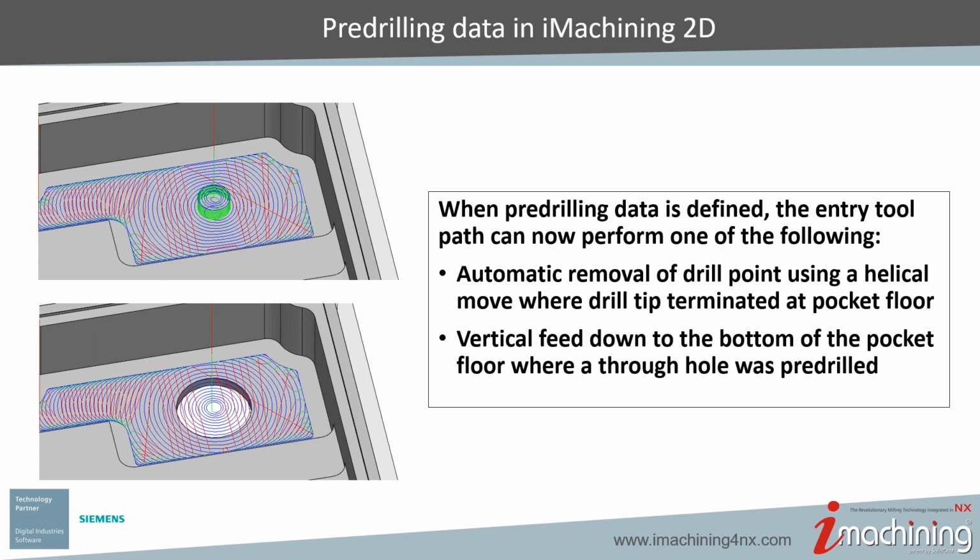So when in doubt, pre-drilling is one of the best things you can do, especially in a closed pocket. So being able to do pre-drilling is critically important. And the fact that we now take care of the drill point, whatever pre-drill you can throw in your part, just do it.